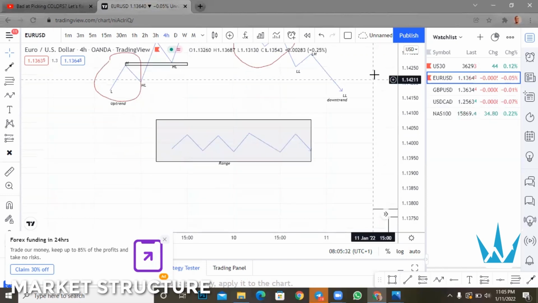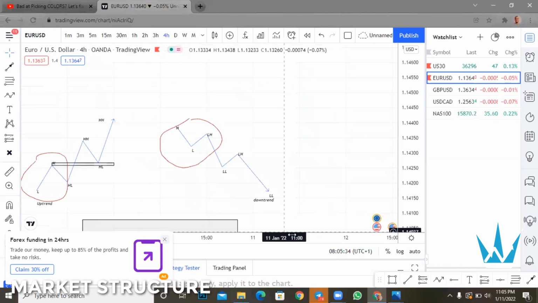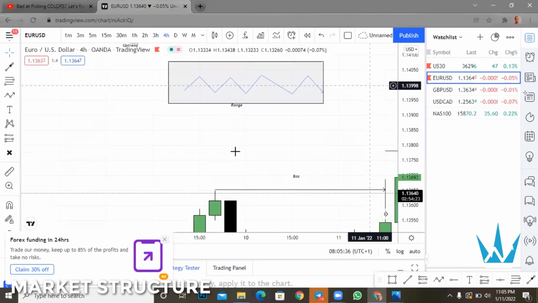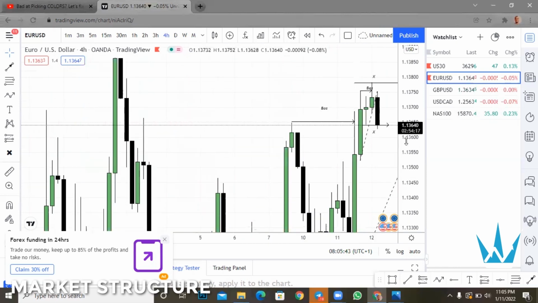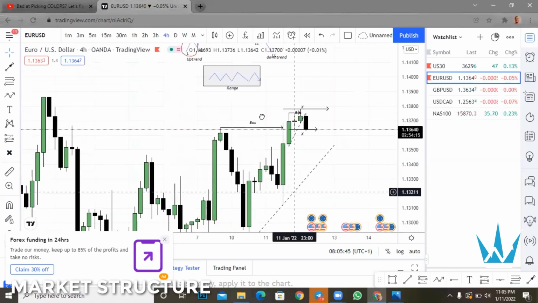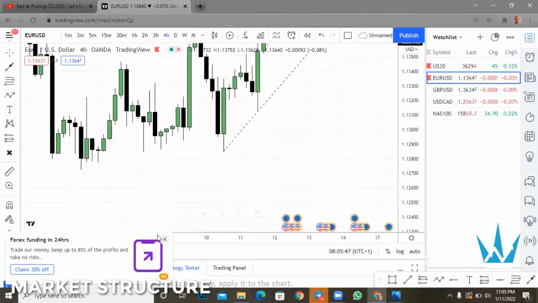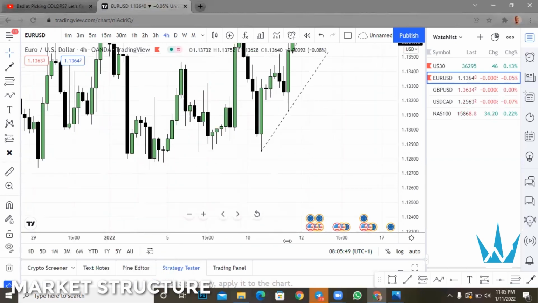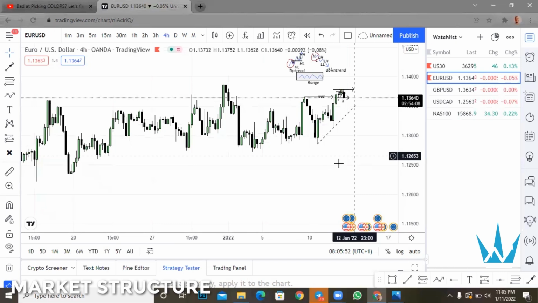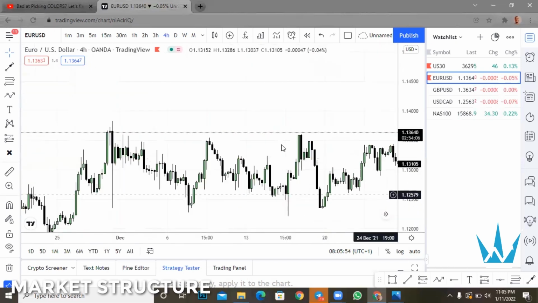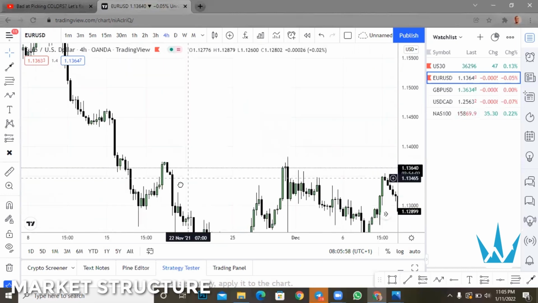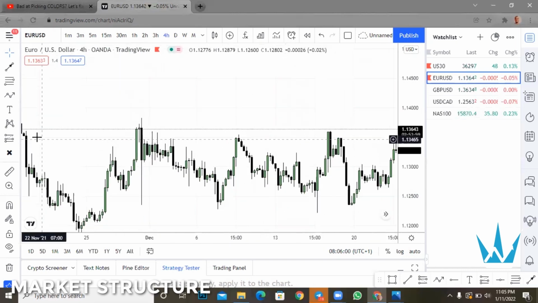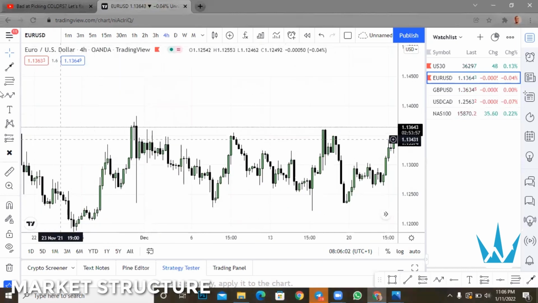Okay, so boom. Let's talk about the range. A quick one about the range. A pure range is something we can look at as this.